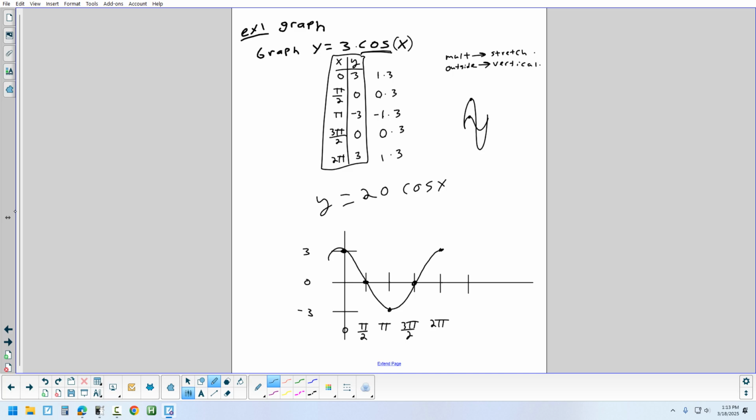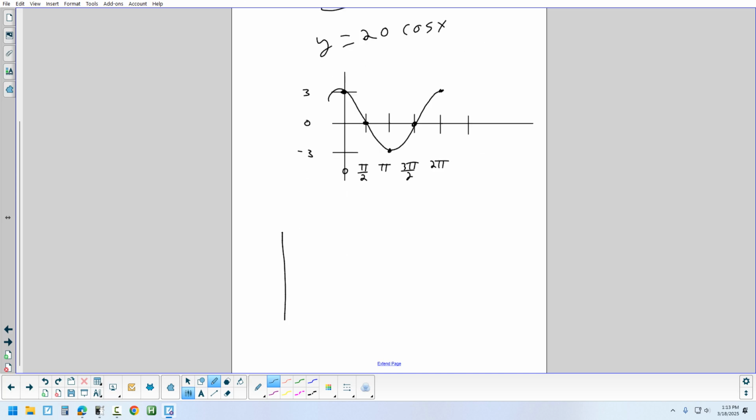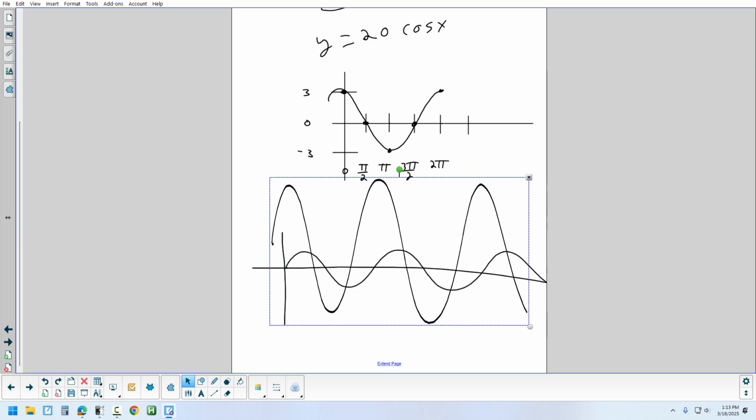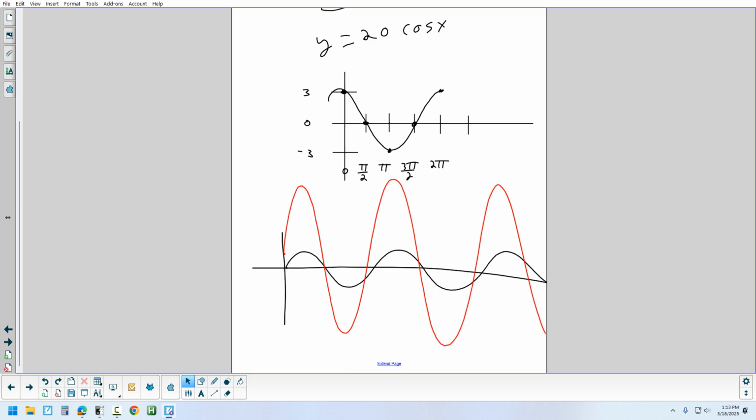Okay, so that's a vertical stretch. If that was a sound, so if you had this wave, tried to draw it as good as I could, and we took that and stretched it. How do you think the sound in red would compare to the sound in black?